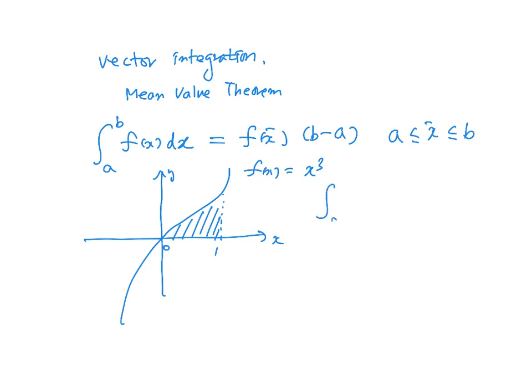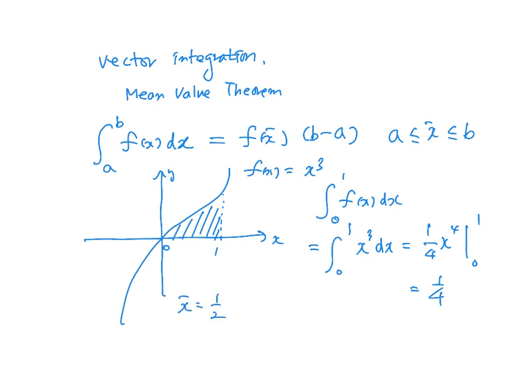So 0 to 1, f(x) dx is x cubed dx, which is 1 over 4 x to the 4th, from 0 to 1, which is 1 over 4. So we know the exact value, right? So let's check the mean value theorem. If we set x bar as 1/2, what happens?